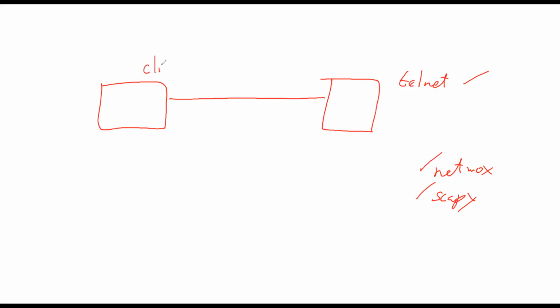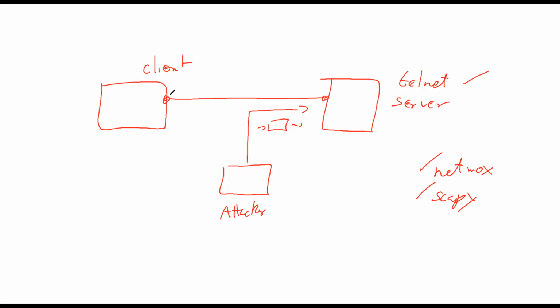You have a Telnet client and a Telnet server. Okay, and remember the attacker is going to inject traffic. Now remember that the connection is a Telnet session between those two, right?